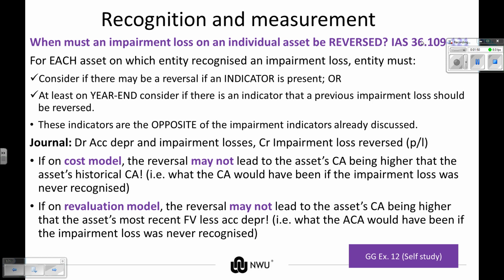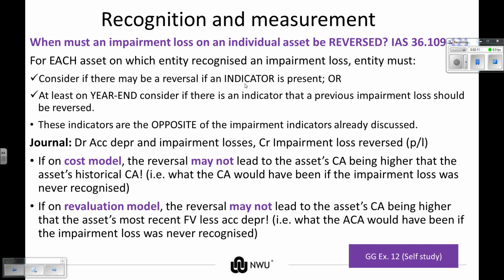When must an impairment loss be reversed? For each asset on which the entity recognized an impairment loss, the entity must consider if there's ever an indicator that there's a reversal. That will be the opposite of the indicators that indicated that the asset is impaired.